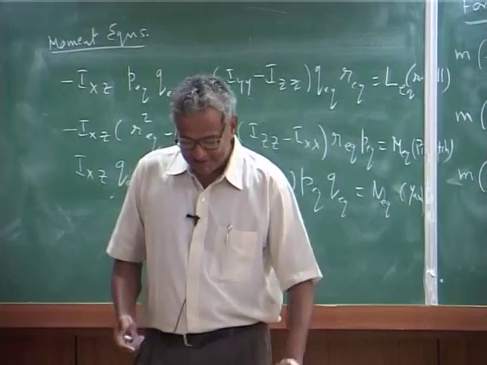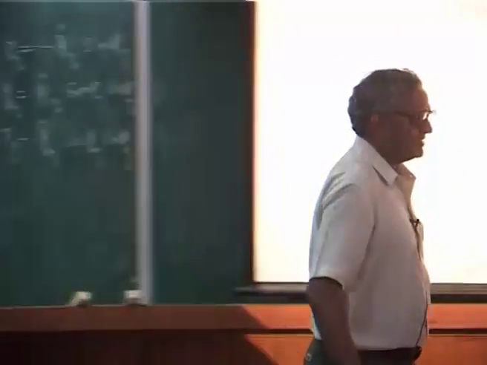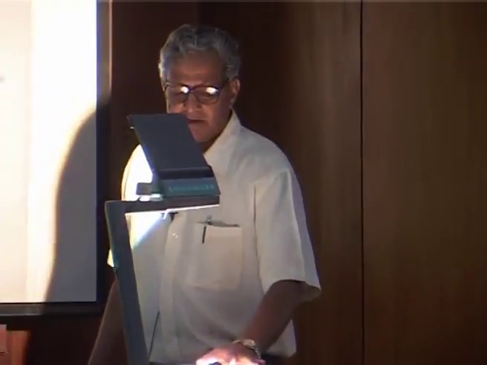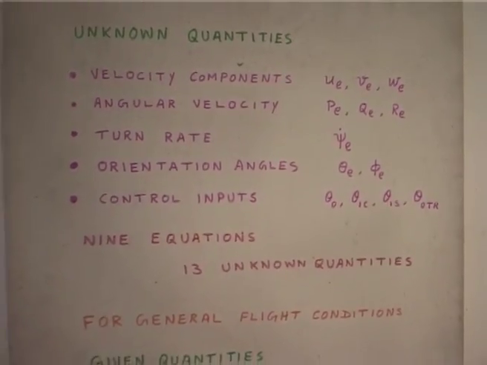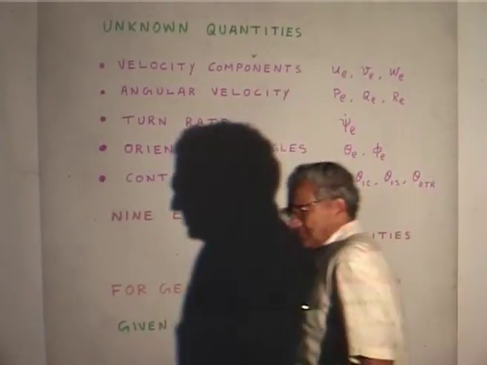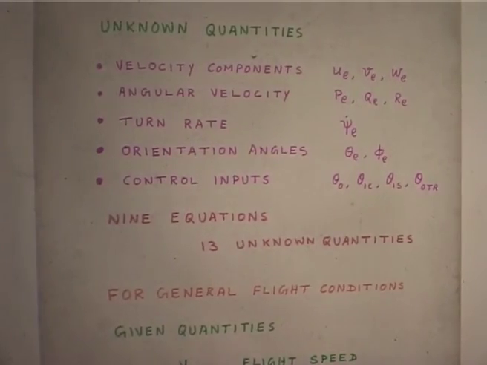What are the quantities which I have to know? Now I will show this, because I would like to come here, which will be the unknown quantities of the problem. These are 9 equations, what are the things I do not know?